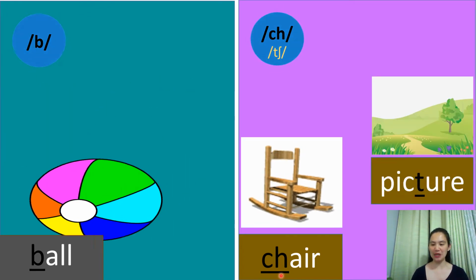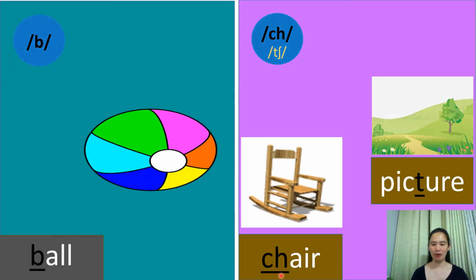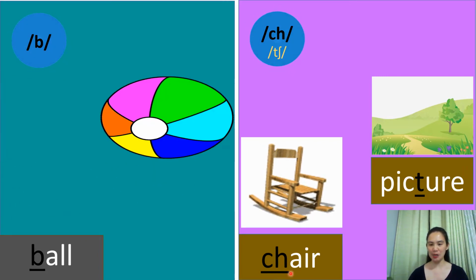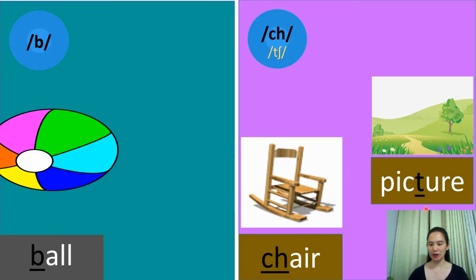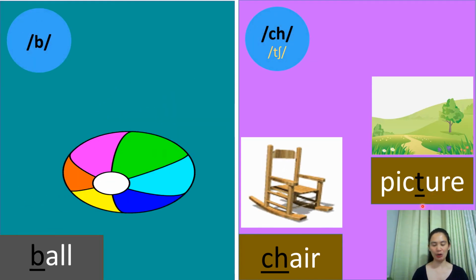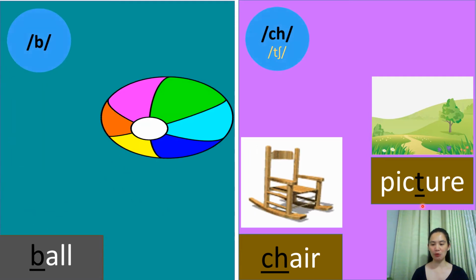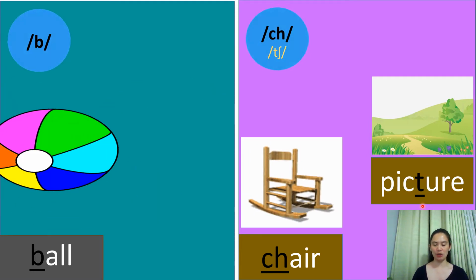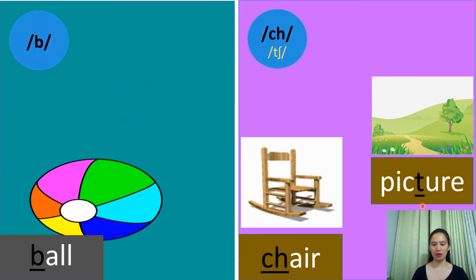Next word, picture. The word picture has a sound of ch. The letter T followed by URE can sound like ch, like in the words nature, culture, and fracture.